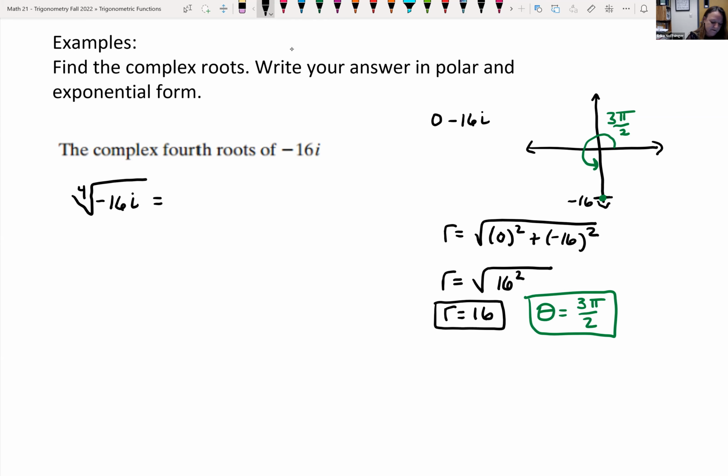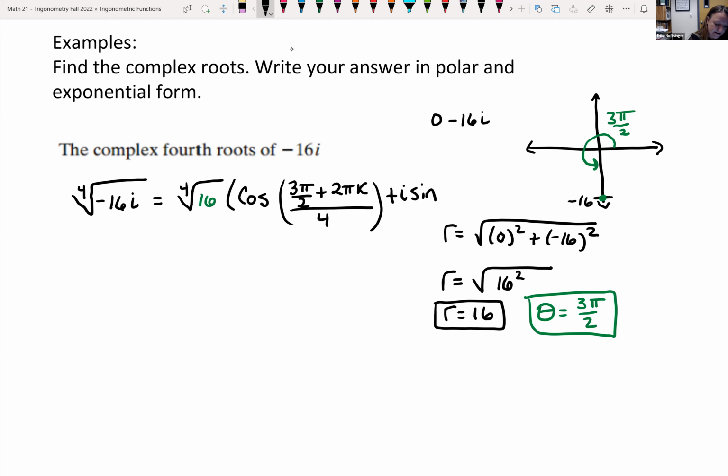So in the complex form, this is equal to the fourth root of r, which is 16, all times cosine of theta, 3 pi halves, plus 2 pi k, all divided by n, and we're looking at the fourth root, so all divided by 4, plus I sine of the same thing. So let me move this stuff over.